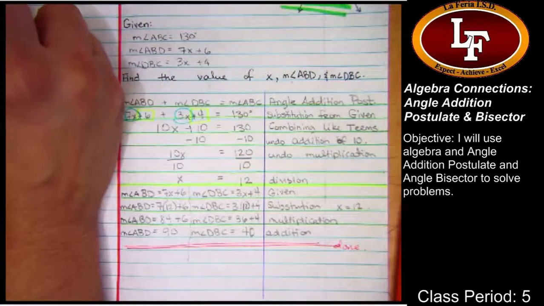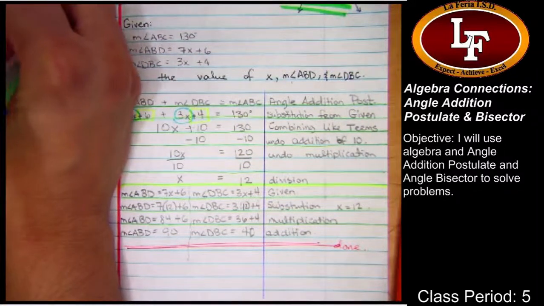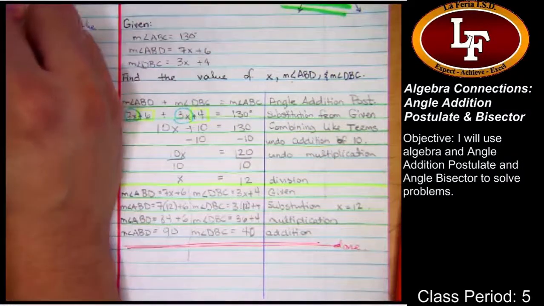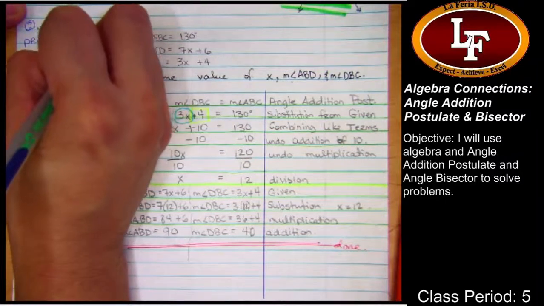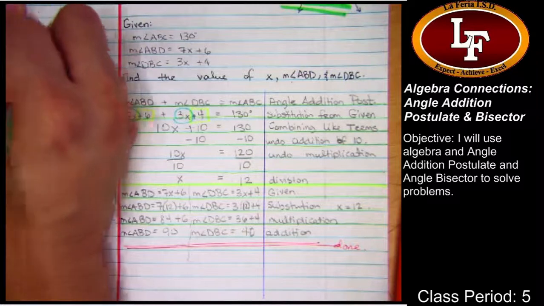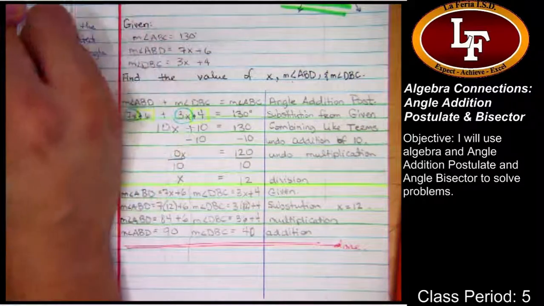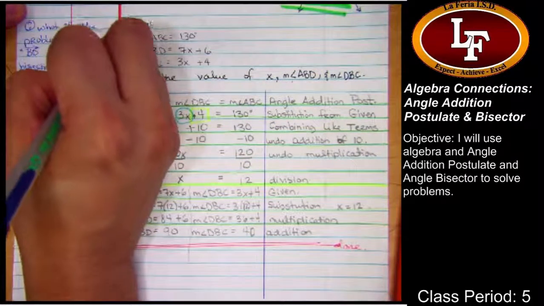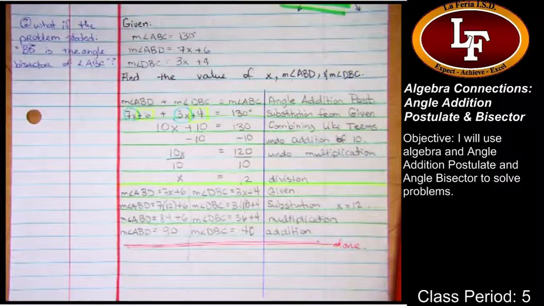The question is, what if the problem stated ray BD is the angle bisector of angle ABC? How does that change this problem?